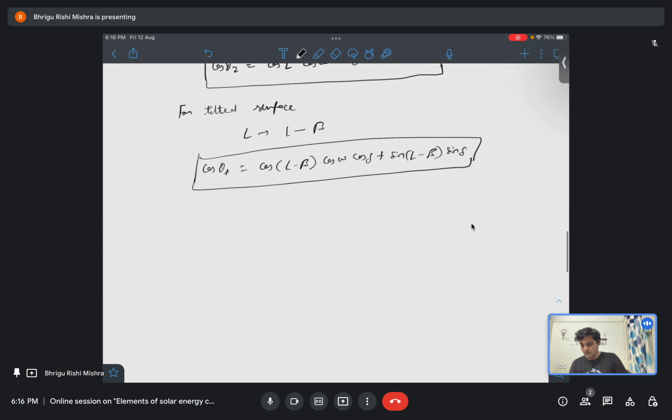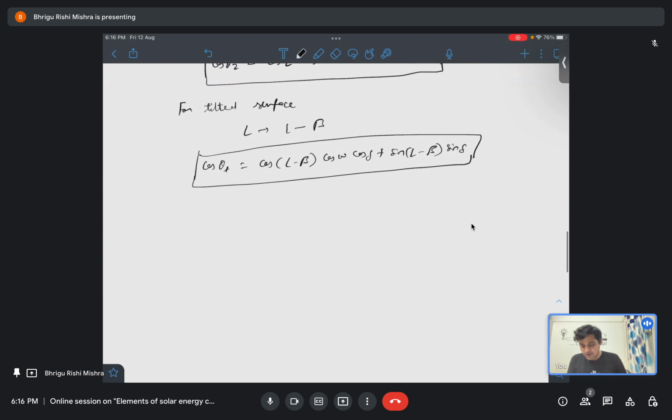Similarly we can also calculate the sunrise sunset hour angle, which is omega s, and it is equal to cos inverse of minus tan L tan delta.